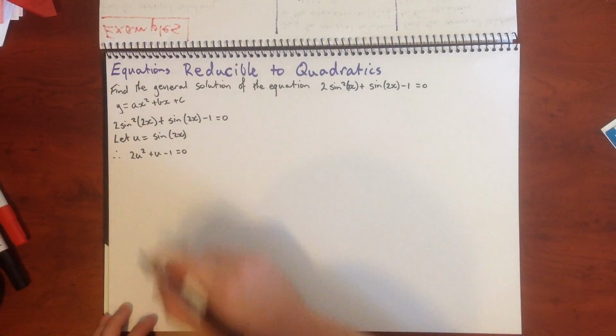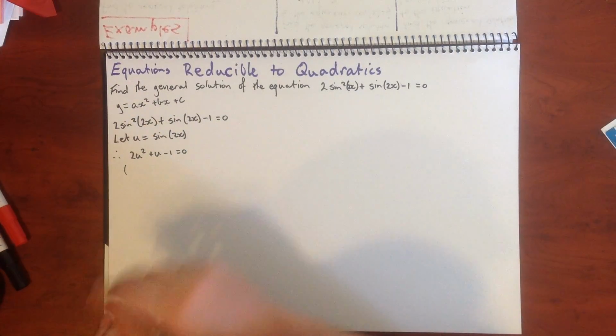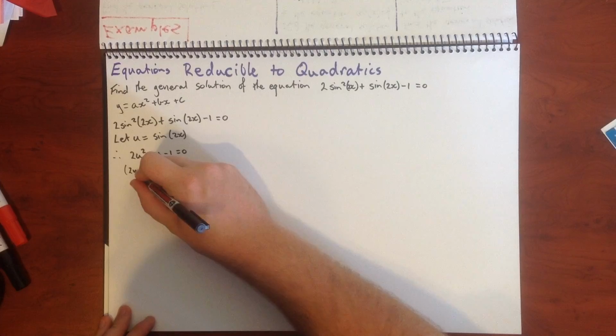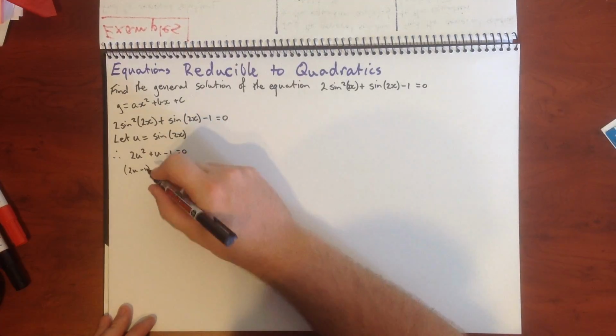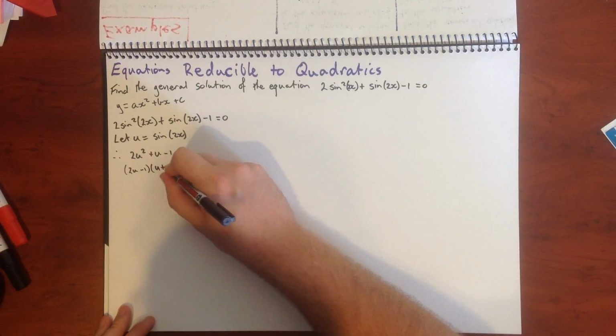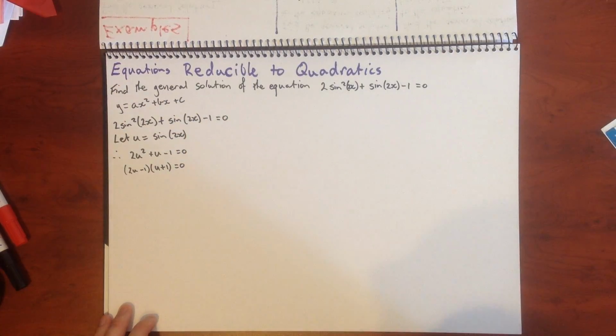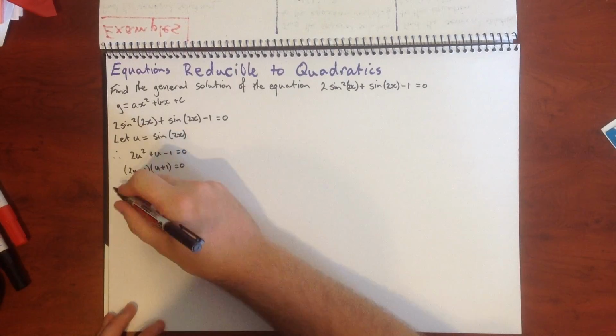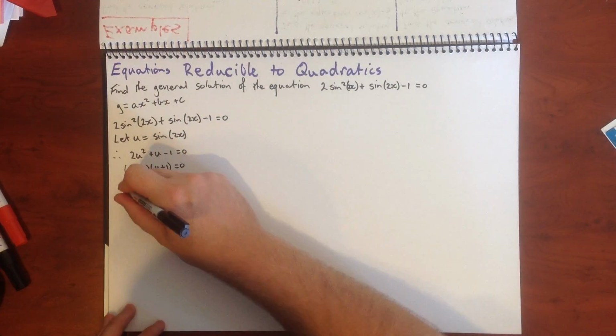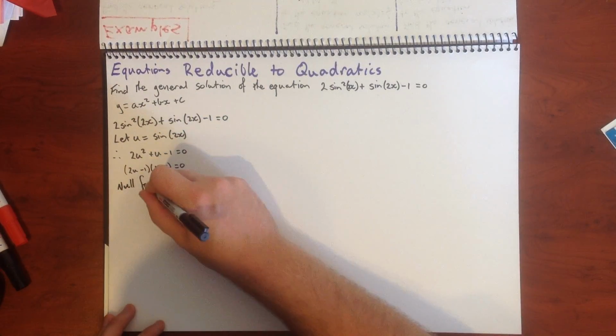So what we're going to do now is we can factorise that, and you'll see that we'll get 2u take 1 times u plus 1 equaling 0. And the beautiful thing about that now is we'll go to our null factor law.